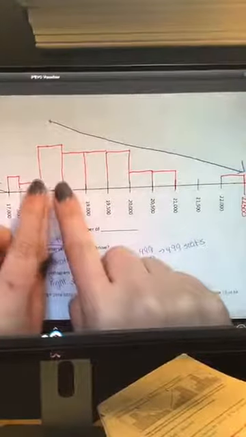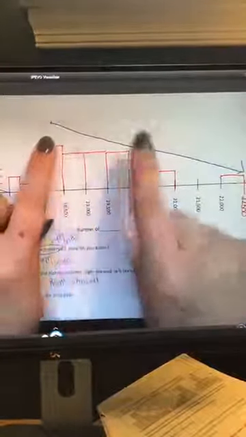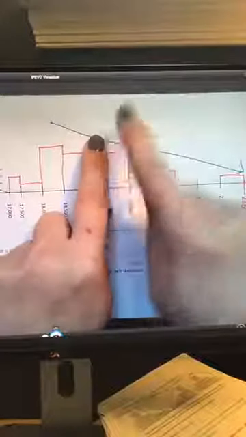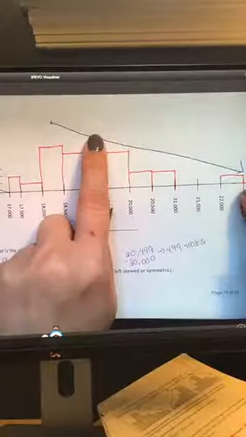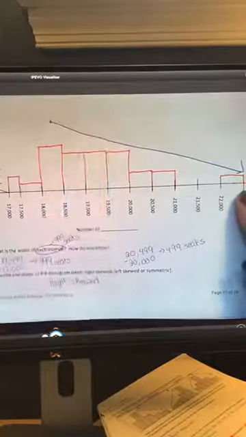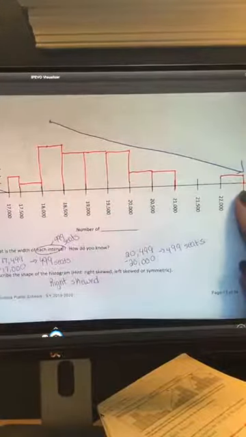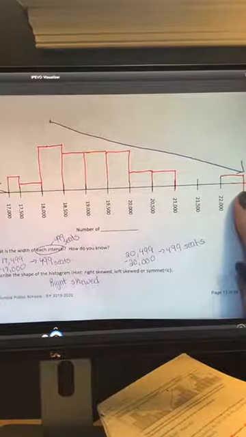Kayla, in order for it to be symmetric, this high data point would be more over here. And then you would see the uptrend, then the downtrend. Okay, does that make sense? Give me a thumbs up if it makes sense. Give me a thumbs down if you need just a little bit more clarification.